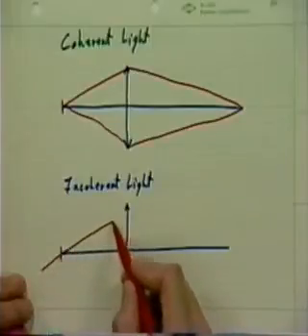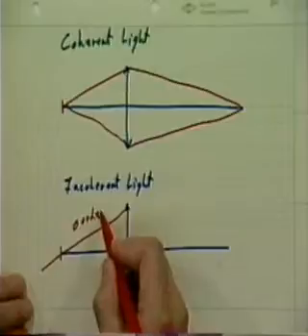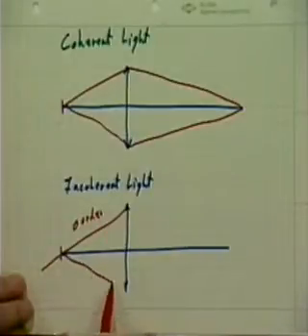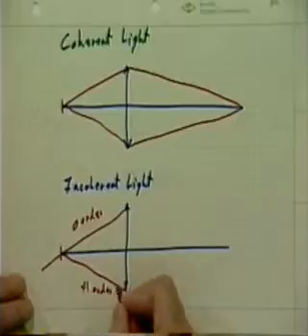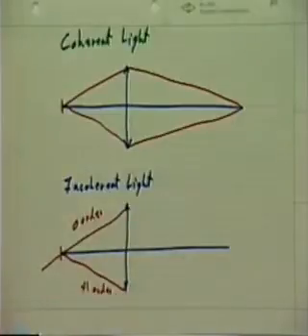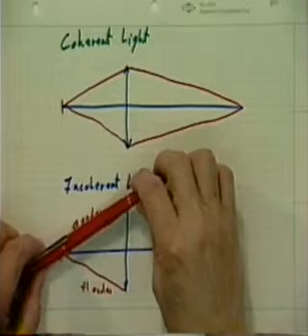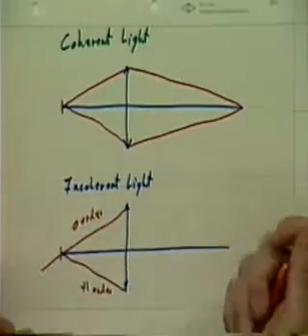This could be a zero order, and this could be a plus or minus one order down here. I'll say the plus one order. And so for small angles, the first thing we see is that light can be diffracted at twice the angle and still get through the system.